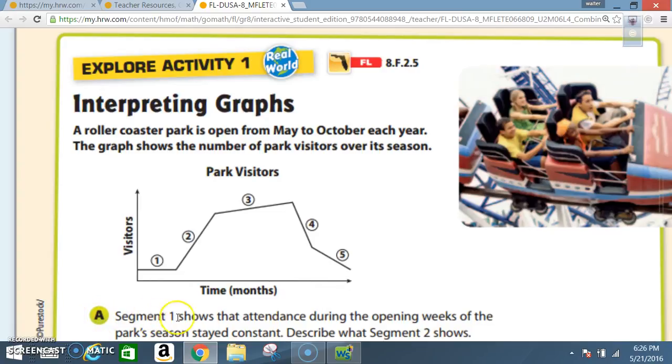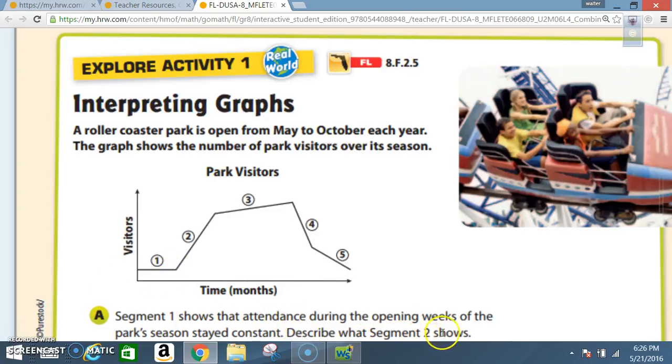A. Segment 1 shows that the attendance during the opening weeks of the park season stayed constant. So segment 1, as you can see, is constant. The number of visitors stayed the same as time increased.